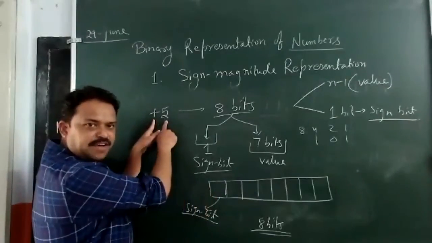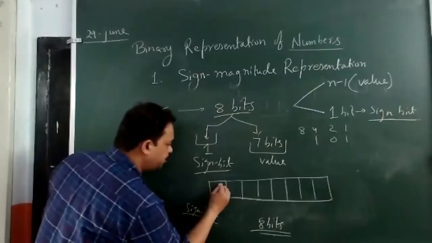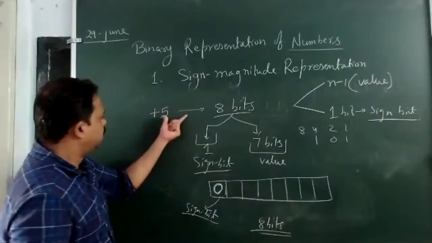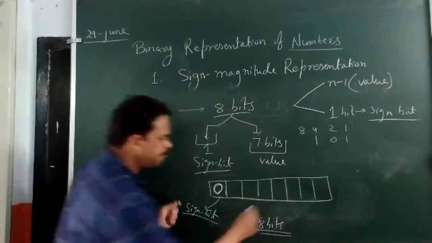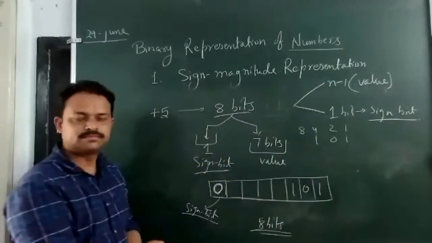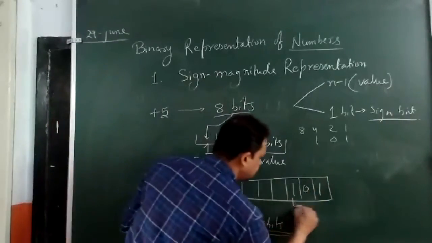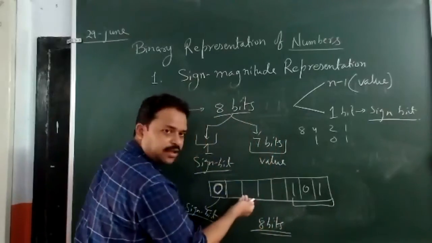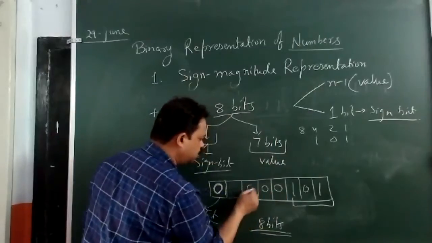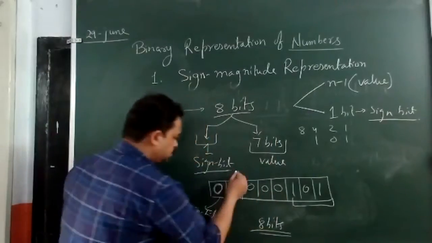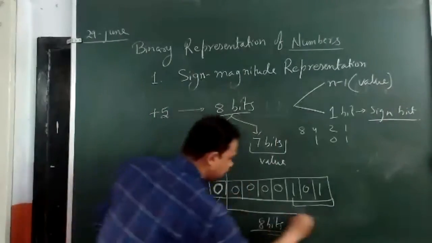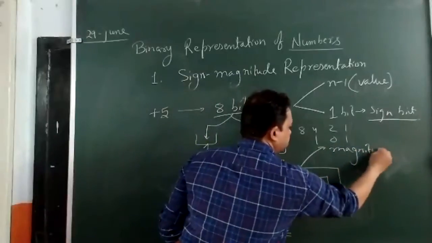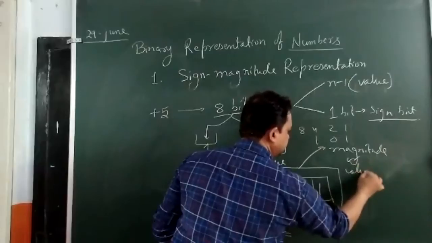Since you want to represent plus 5, here I am going to write 0. And what is the value of 5? 101. This is the magnitude. Now, in the remaining empty places, I am going to write 0, 0, 0, 0. Till here is your magnitude, that is value.